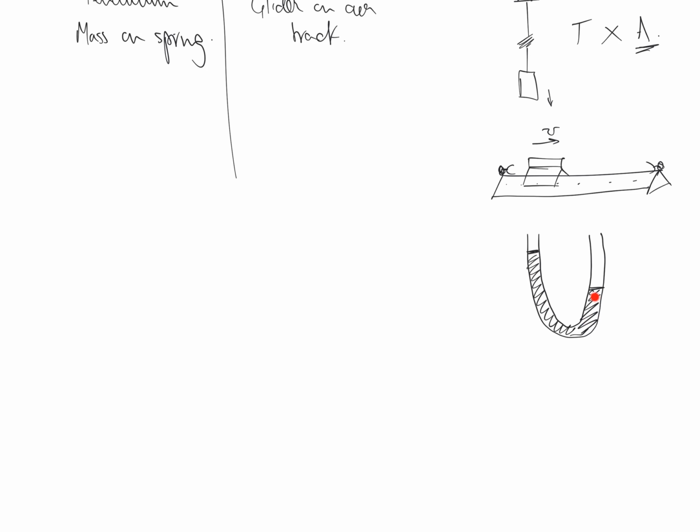So this will drop, but this will rise, and then it will subsequently go through the equilibrium position, but then we're going to have it heavier on this side than that side, and it's going to come back down again. That is indeed SHM. So we call this U-bend of water.